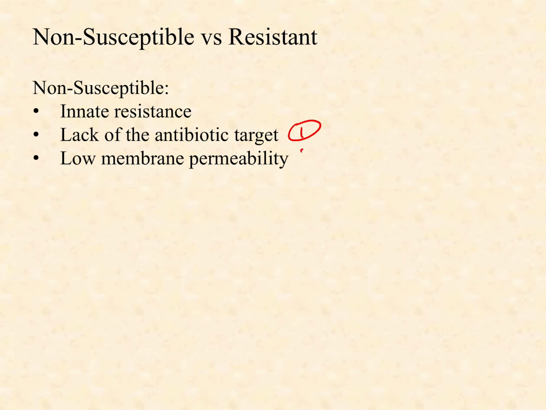So there's an example. Or in some cases, we see some non-susceptible strains arise because their membrane has really low permeability. And we especially see this among gram-negatives. For example, species within the genus Pseudomonas. Pseudomonas spp., SPP is plural for species, are notorious for being able to pretty rapidly adjust the permeability of their LPS layer.